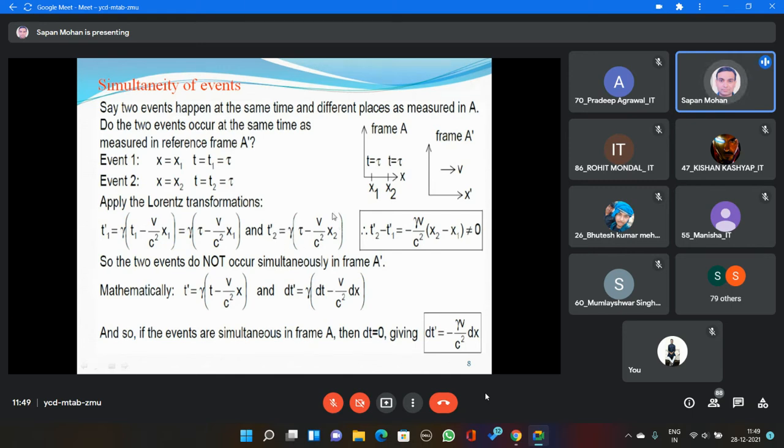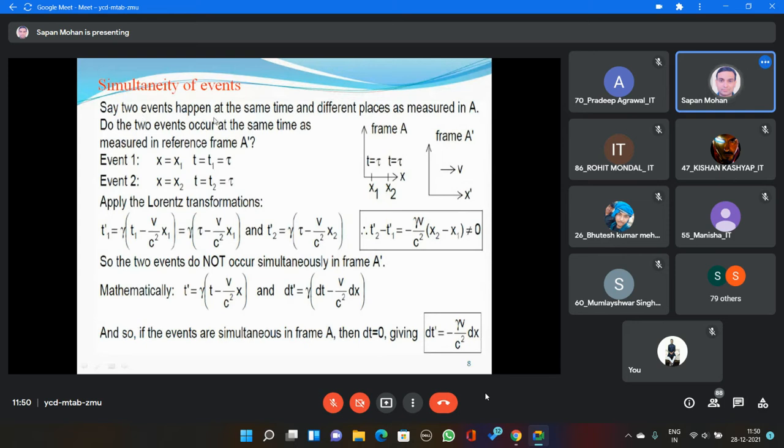So we are actually measuring the time interval. The time interval is T2 dash minus T1 dash, and this value we will find is not equal to 0. If the time difference were the same, then simultaneity of events would not be violated. So the two events do not occur simultaneously in frame A dash. This is our simultaneity of events.